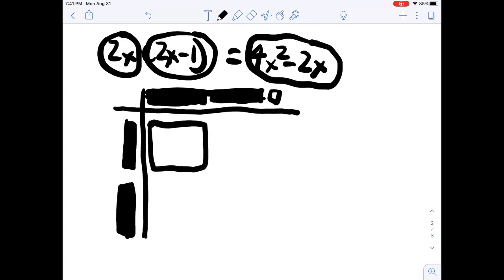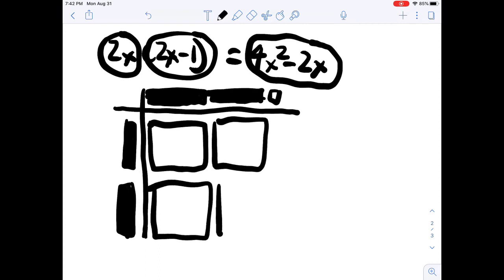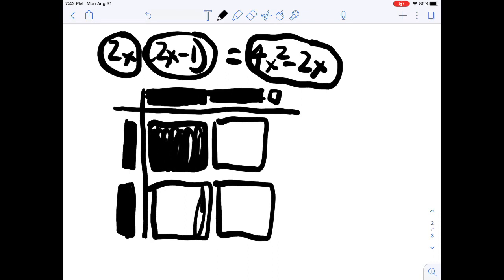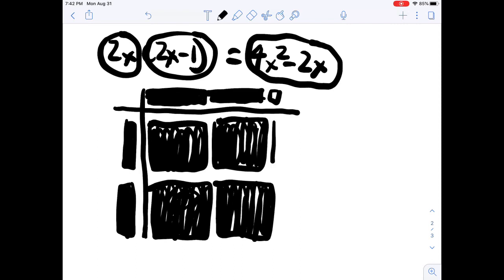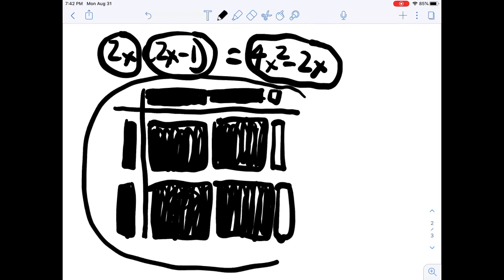So 4x squared is 4 big squares shaded in. And then the negative 2x is going to be 2 long rods unshaded.